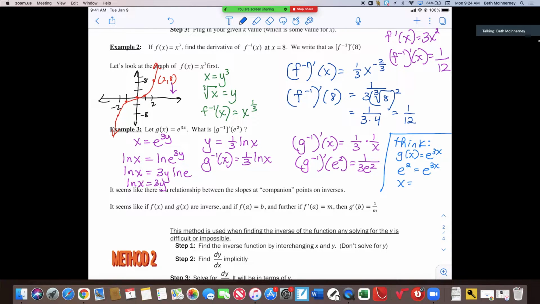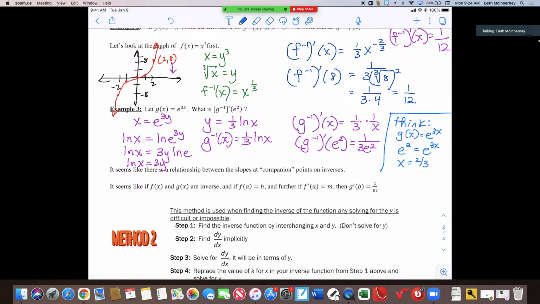So x would be 2/3. So if I did g prime of x, that would be e to the 3x times 3. And then g prime of 2/3 would be 3e squared. And then notice it's the reciprocal of that, which is kind of cool.